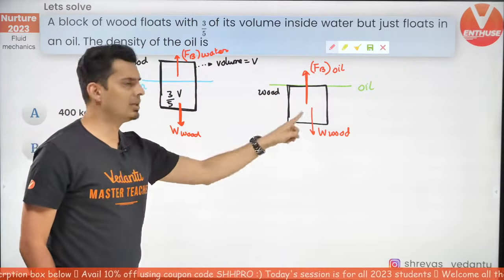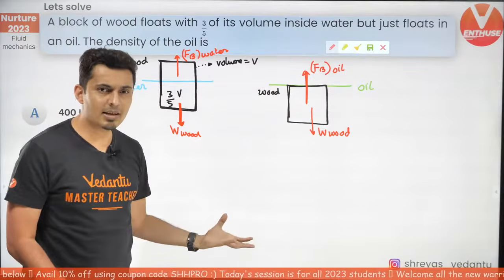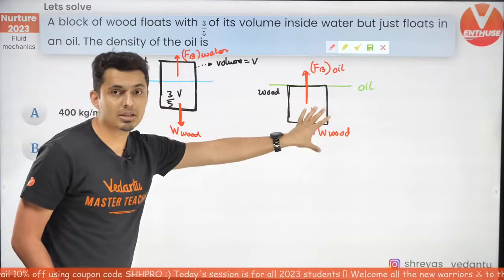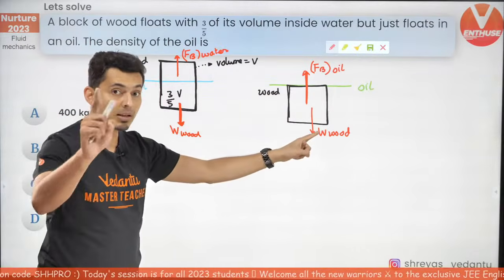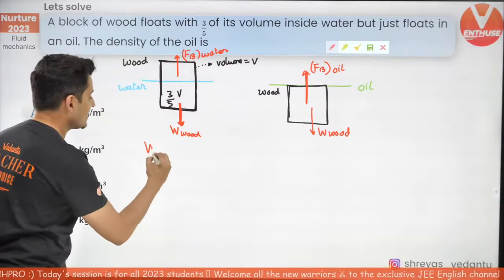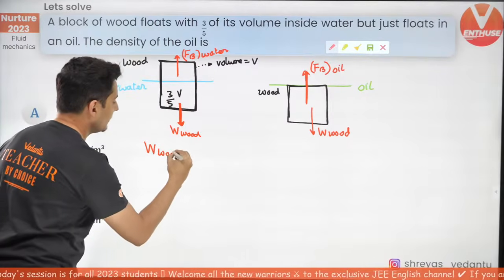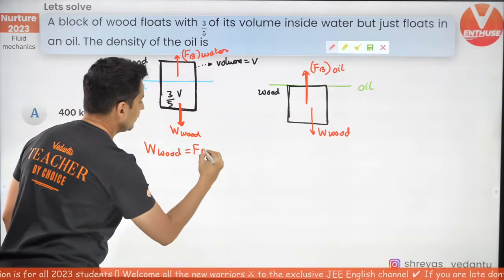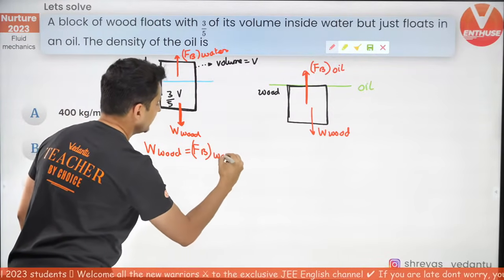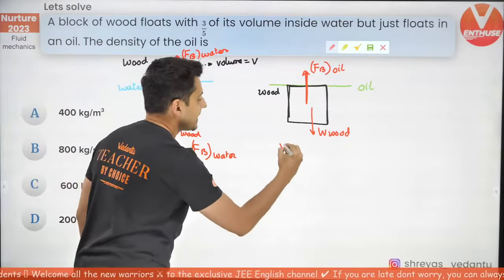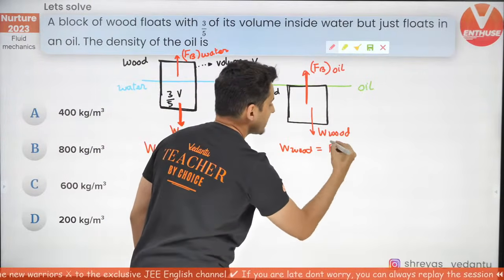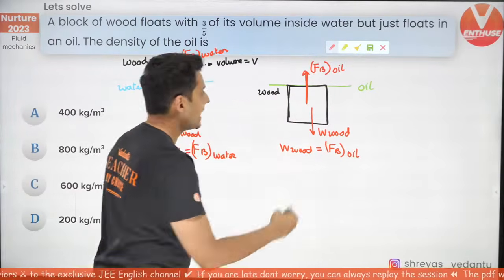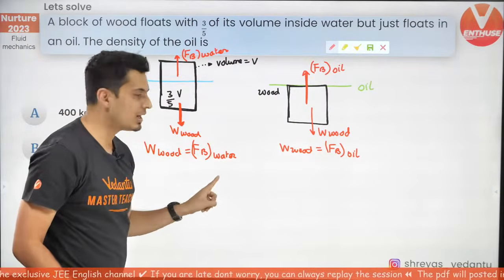The weight of the wood, did it change? It's the same wood, it's just that the liquid changed. The liquid changed, but the solid did not change. That means in the first scenario, the weight of the wood was equal to the buoyant force by water, correct? And in the second case, the weight of the wood was equal to the buoyant force by the oil. Hence, these two must be equal.